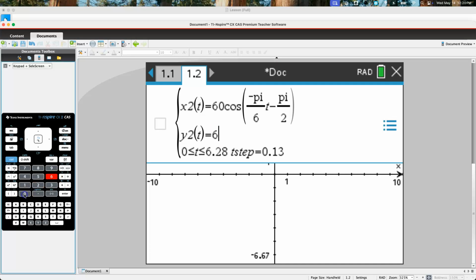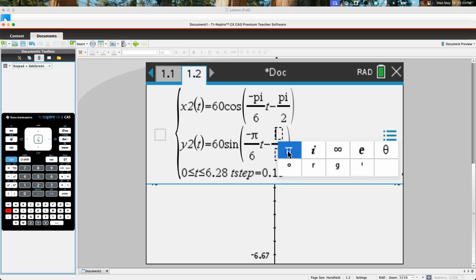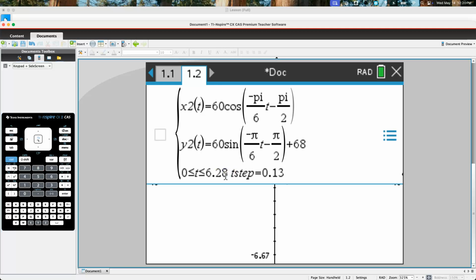And then 60 sine of, do it both ways, negative pi over 6t minus pi over 2, and then I gotta get up plus 68 there. And then here I want to go 1, 2, 3, and add a 0.